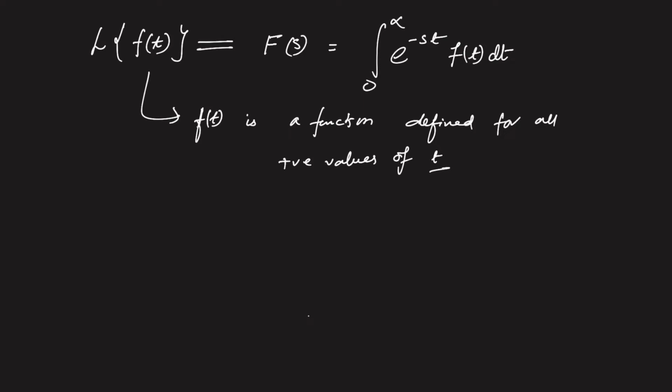And this Laplace transformation transforms this function, which is a function of t, to a new function capital F, which is a function of s, right? So by this transformation we can solve differential equations, okay, without finding the general solution and arbitrary constants. So we can solve differential equations.